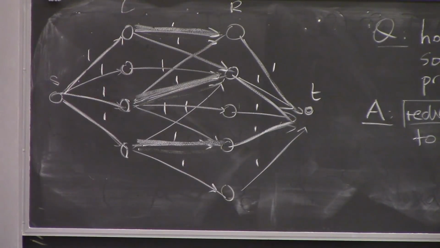Okay. So we should also talk about the running time. Just to close it up, it's not very important. Remember that Ford-Fulkerson was not quite polynomial time, right? It was weakly polynomial time. Why?